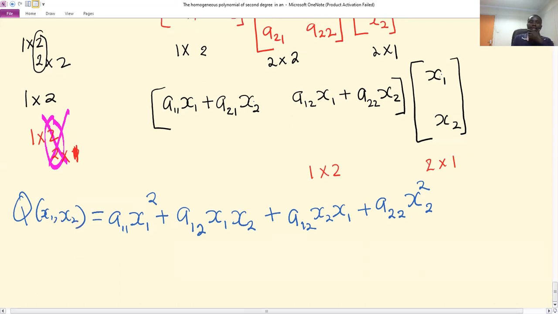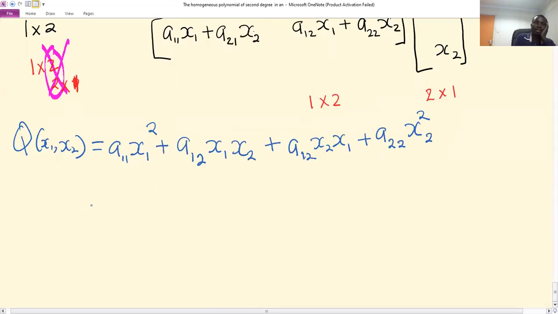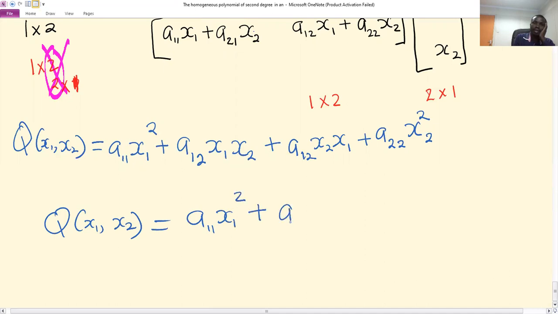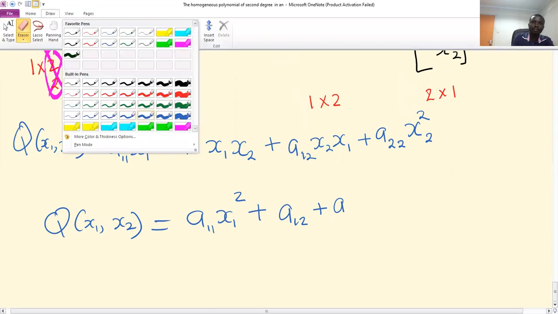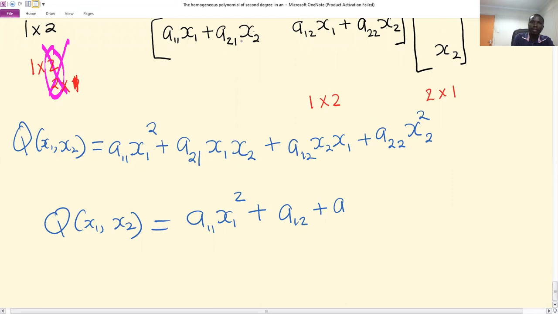Remember, x2 x1 is the same as x1 x2, so Q of x1, x2 is a11 x1 squared plus a12 plus a21, then times x1 x2, plus a22 x2 squared.